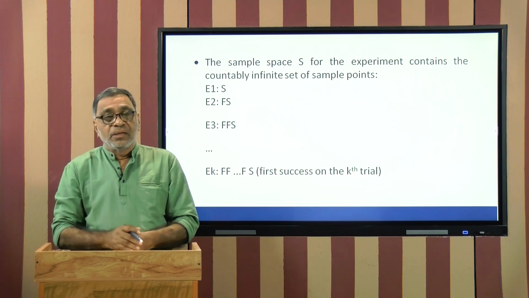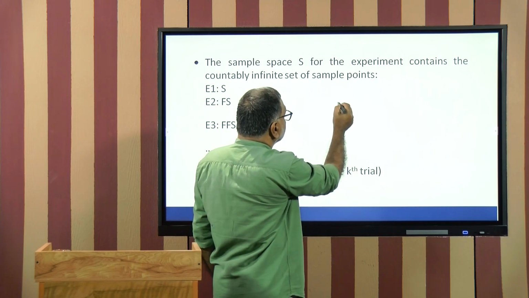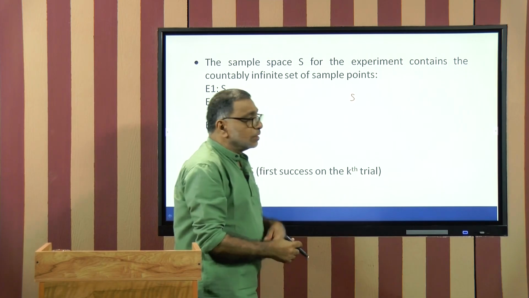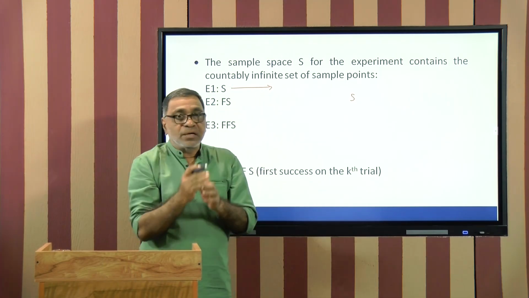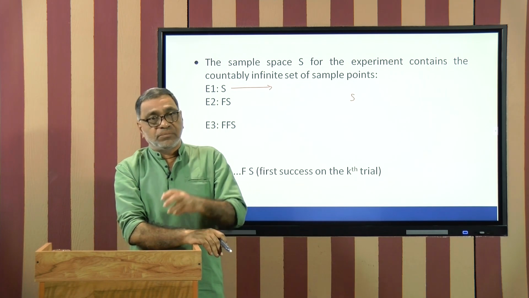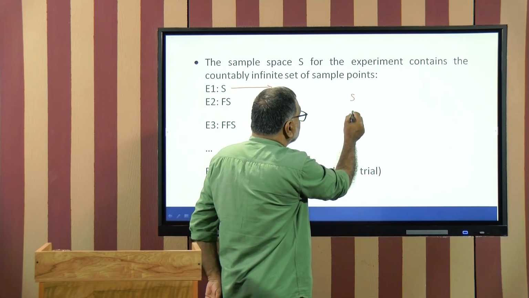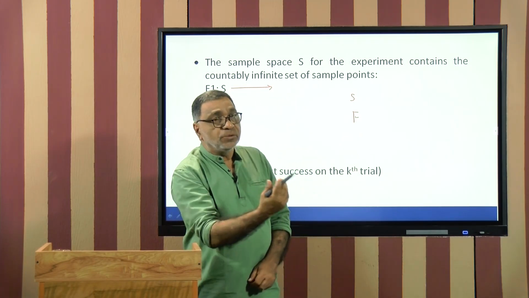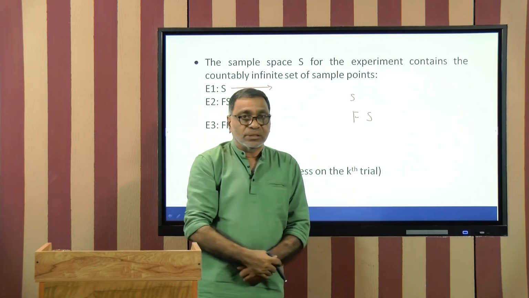That means the sample space of that experiment is as follows. Suppose the first trial is a success. That is E1: we perform the Bernoulli sequence until a success is obtained, so getting a success on the first trial is one of the events. Or if the first trial is a failure, you continue the experiment, and suppose the second trial results in success.